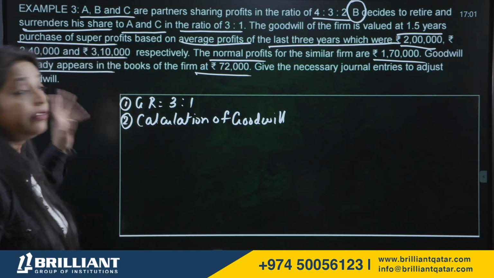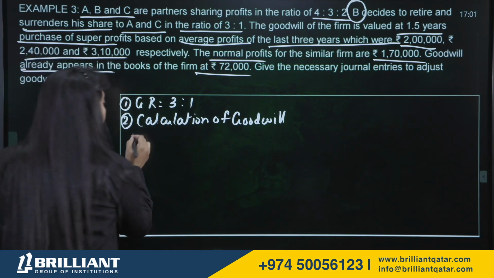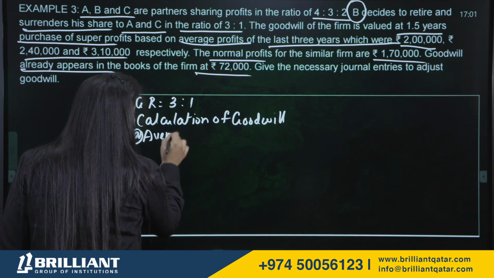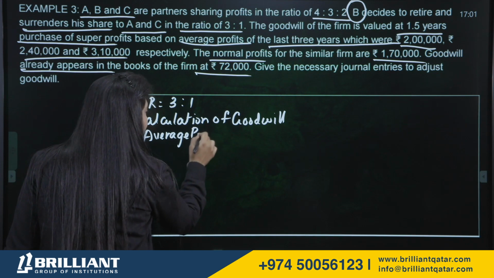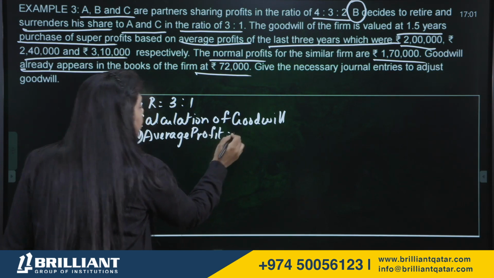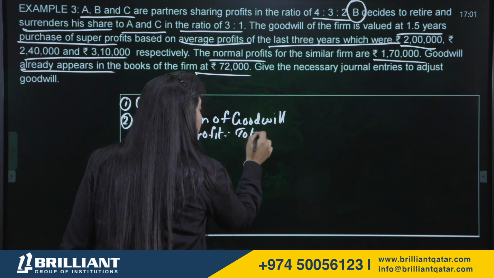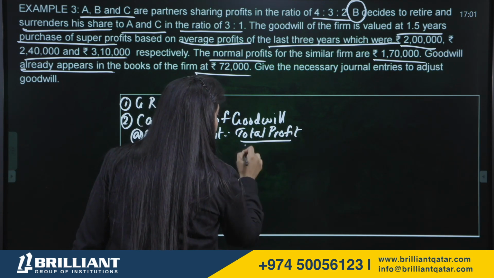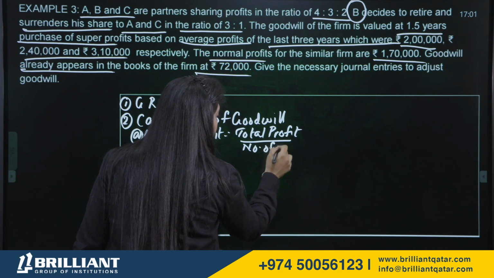In that case, step number 1 is to calculate your average profit. Average profit is equal to the total profit upon the number of years.